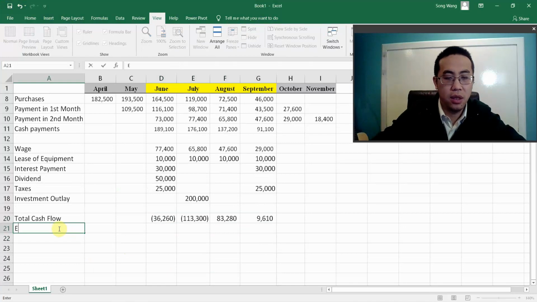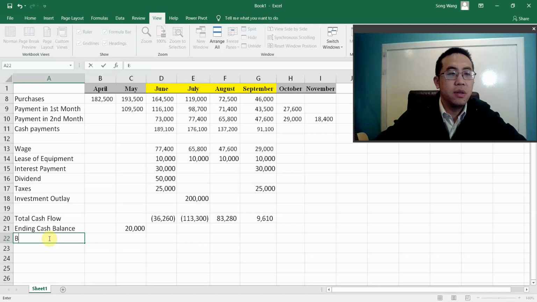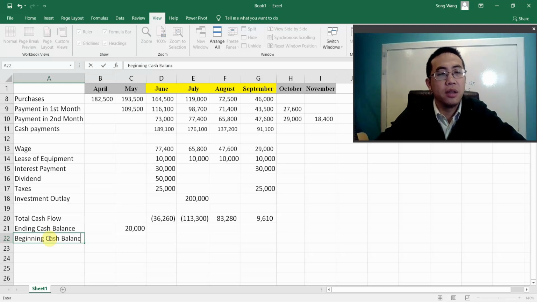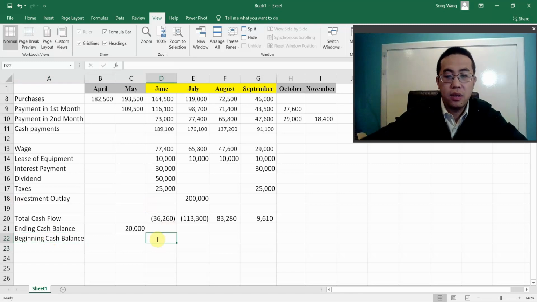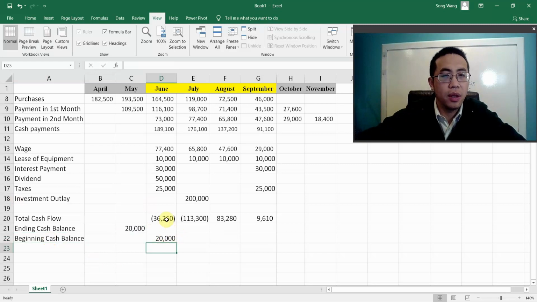So let's see, the ending cash balance in May will be $20,000, and it is also the beginning cash balance in June. The thing is, you are losing money in June here, and if you incorporate that, then you will need to run a deficit.